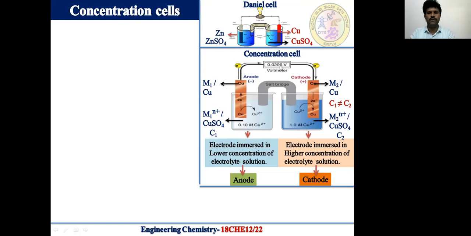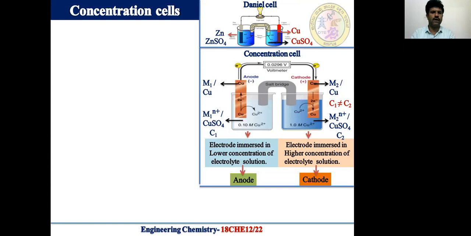I repeat, in this type of cell, anode and cathode are made up of the same metal or material immersed in the same electrolyte solution but of different concentration. The concentration of electrolyte at the anode is different from the concentration of electrolyte solution at the cathode. So this type of cells are called concentration cells.